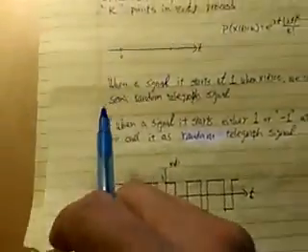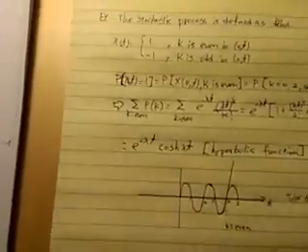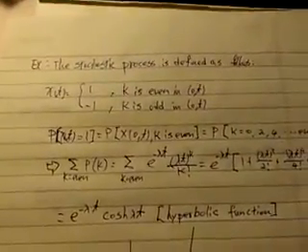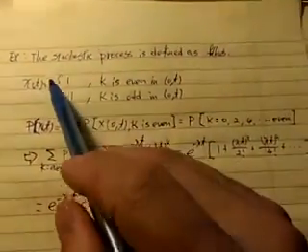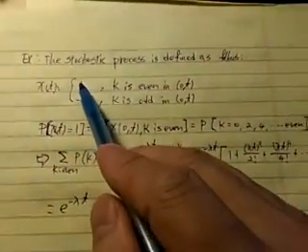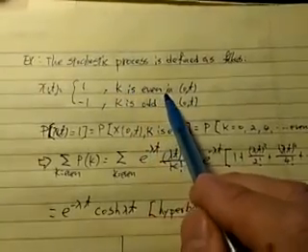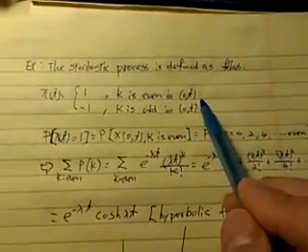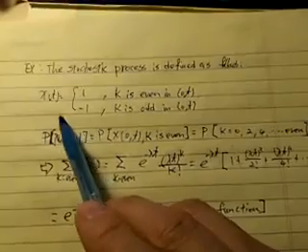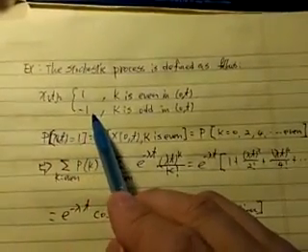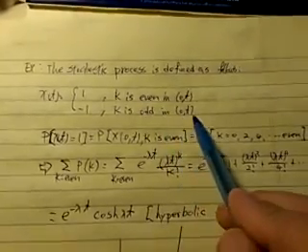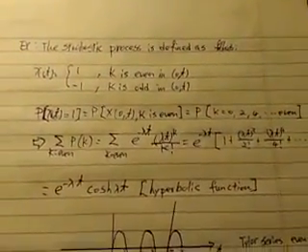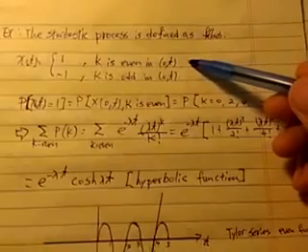Okay, and let's get an example of this one. The stochastic process is defined as x of t equal to 1 when k is even in the t domain 0 to t, and x of t equal to minus 1 when k is an odd number in the t domain 0 to t. So we start from the first one.